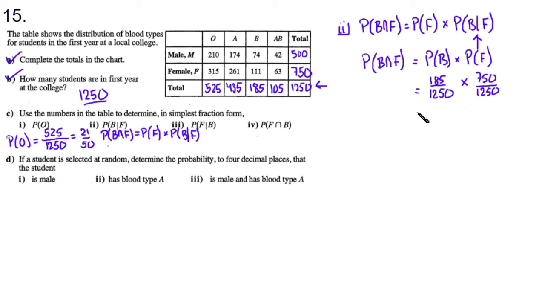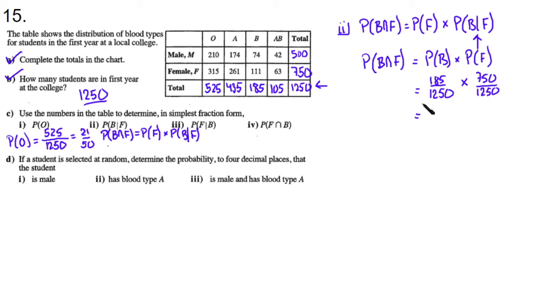So before we do the multiplication, if we do the multiplication with these two quotients, we're going to end up with very large numbers. So 1,250 times 1,250. Trying to reduce that's going to be difficult. So this quotient here, 185 divided by 1,250, can be reduced. Let me just grab my calculator here.